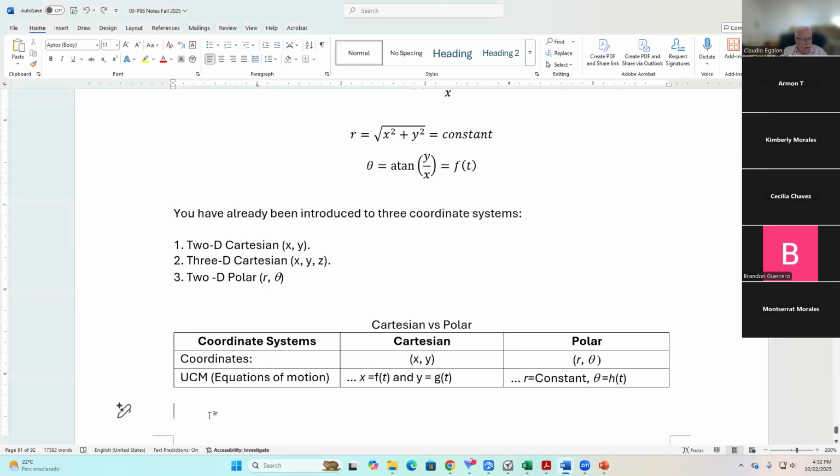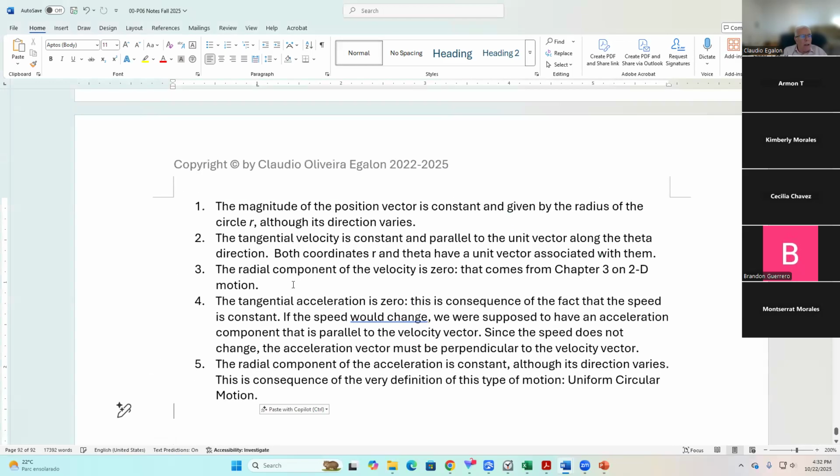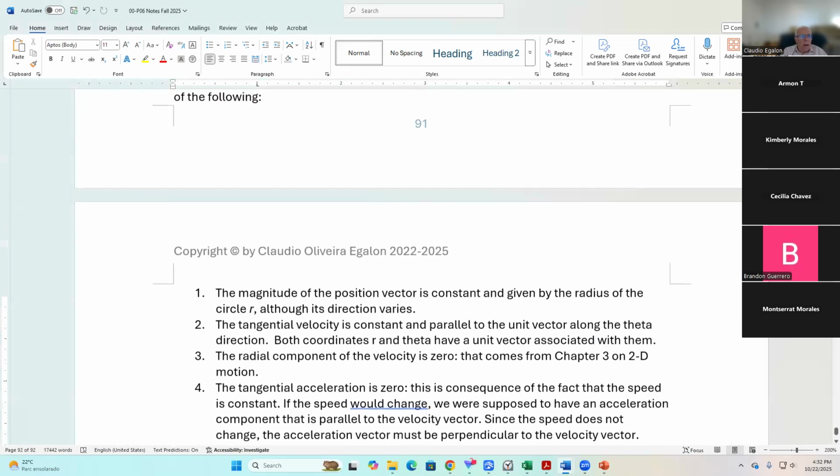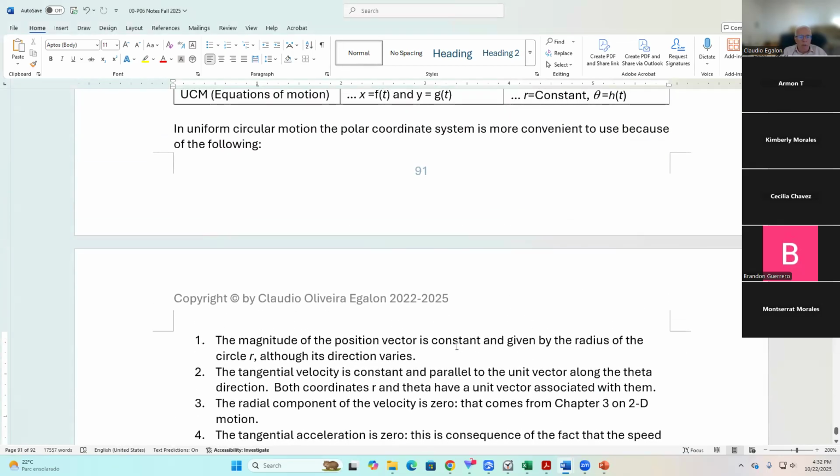Okay, advantages of the polar coordinate system. The magnitude of the position vector is constant and given by the radius of the circle.